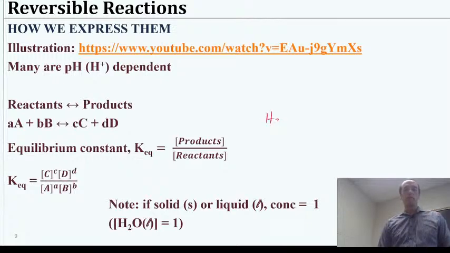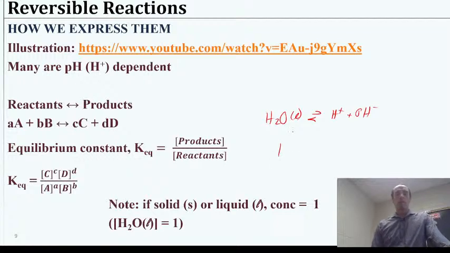So for the case of H2O liquid in equilibrium with H plus and OH minus, that's where we came up with some equilibrium constant. I'm going to call it Kw, and define that as equal to H plus times OH minus, divided by essentially 1.